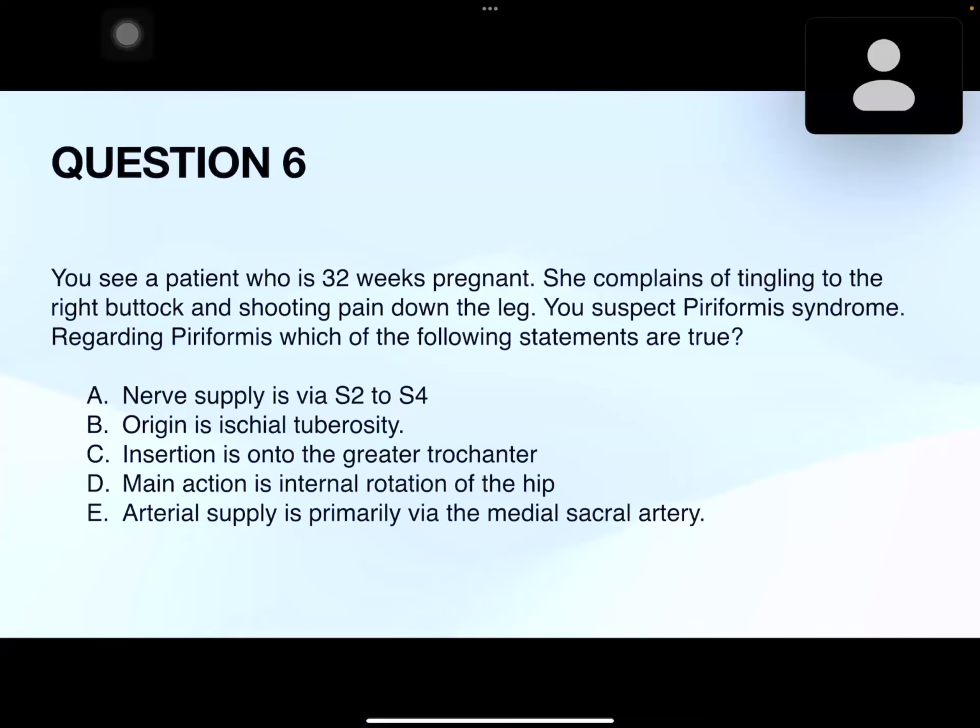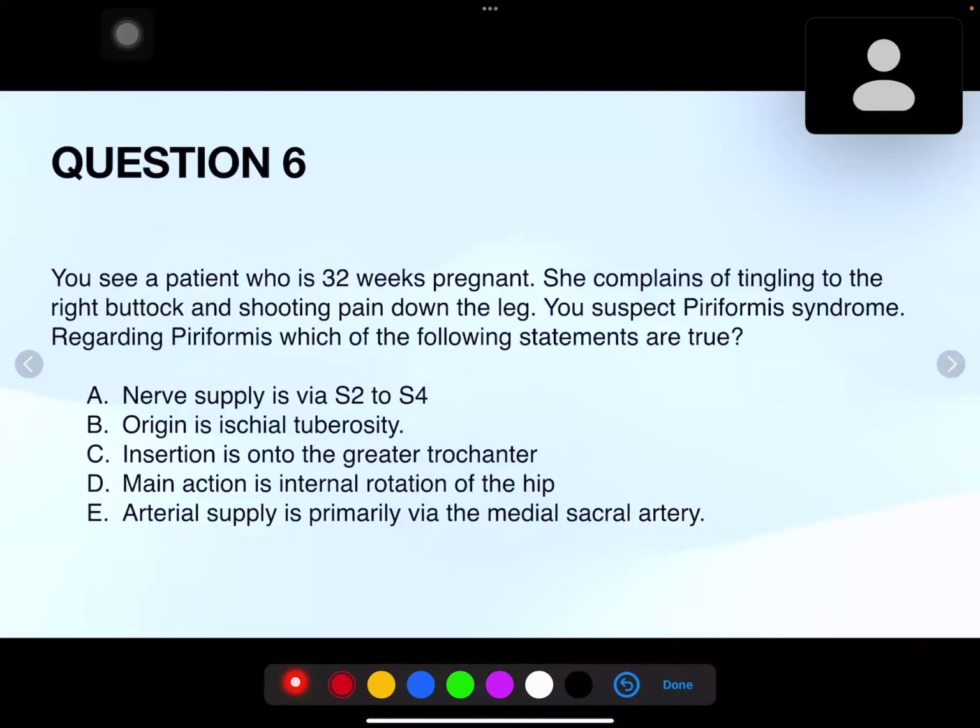Now this question: you see a patient who is 32 weeks pregnant, complains of tingling in the right buttock and shooting pain down the leg. You suspect piriformis syndrome. Which statement is true? Who can tell me the answer?